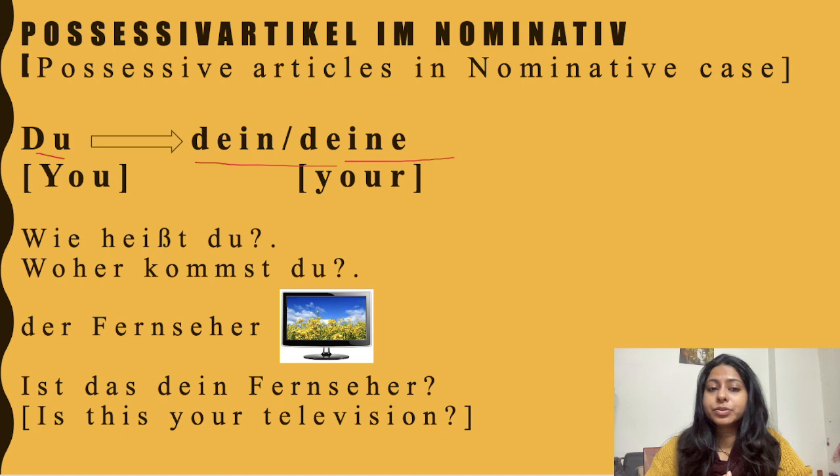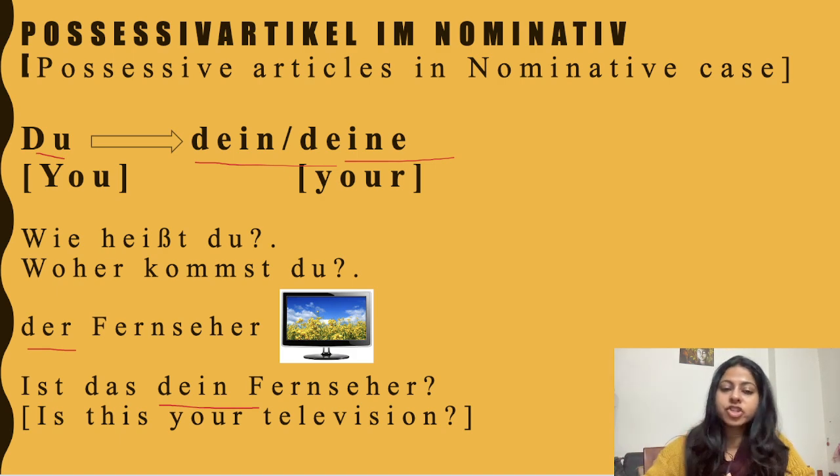Now, when we are using a possessive pronoun for du, it would be dein. So, because the article of Fernseher is masculine, that is der, ist das dein Fernseher. So, whenever the article of the noun is der, in this case, again, der Fernseher, the possessive pronoun will be mein, as we just saw with ich. With du, it would be dein.